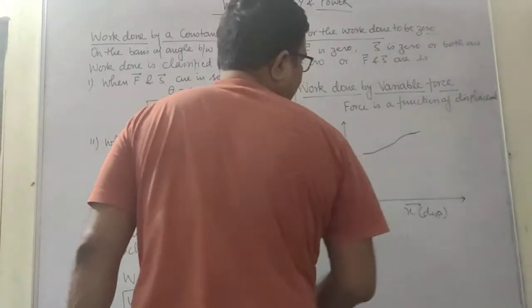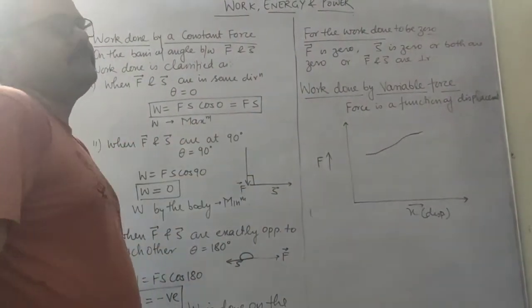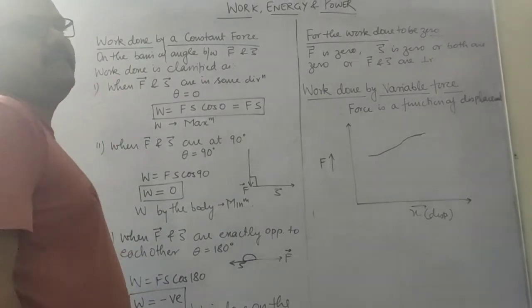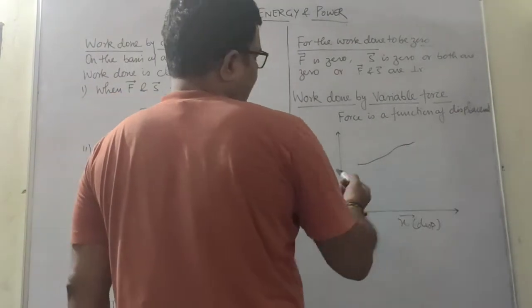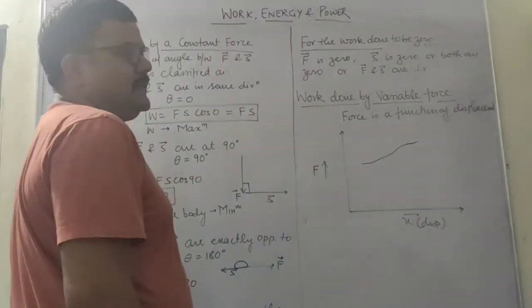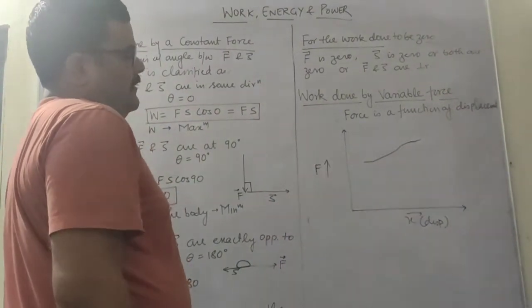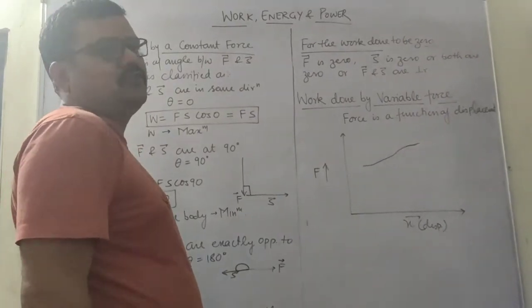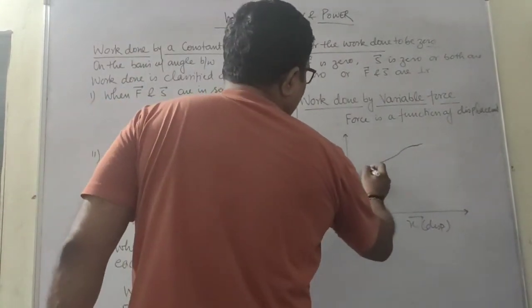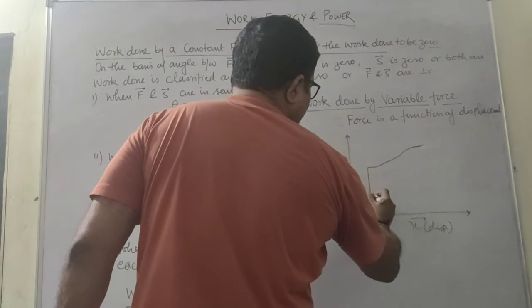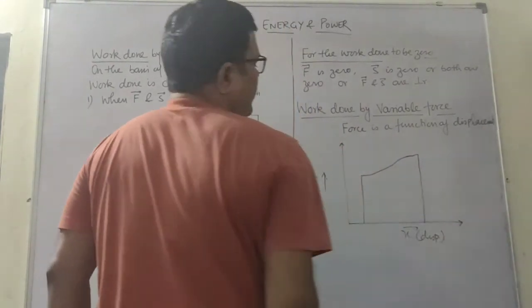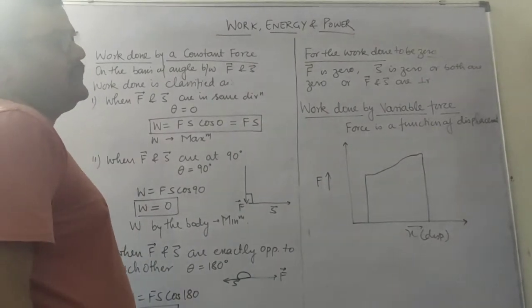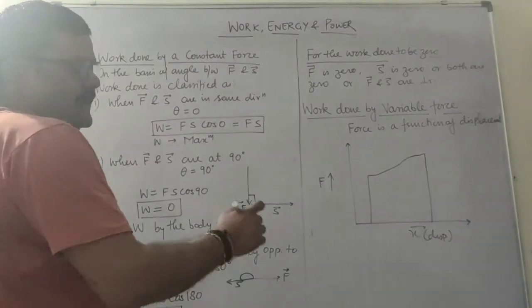Now you can see this is the graph when force is varying with the displacement. As the displacement changes, force is also changing. Now I am dividing this curve. This is the part for which force is applied for a displacement x.